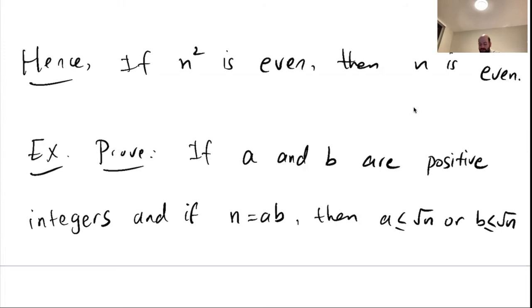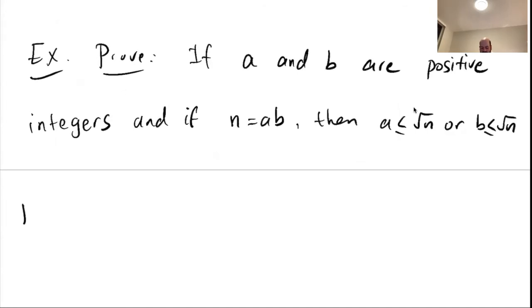But then how would you make sure that the inequalities appear, or how would you show that a is less than root n or b is less than root n? You could try to see whether you can make a direct proof work or not. But the easier, better way to do it is with proof by contraposition.